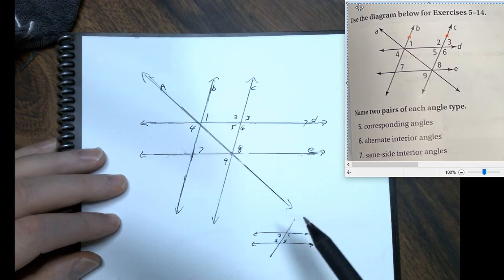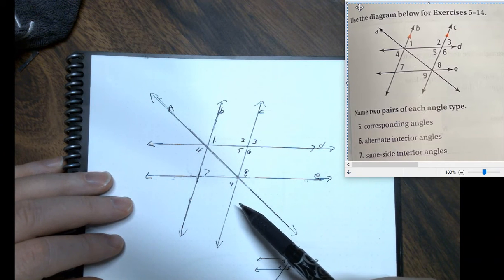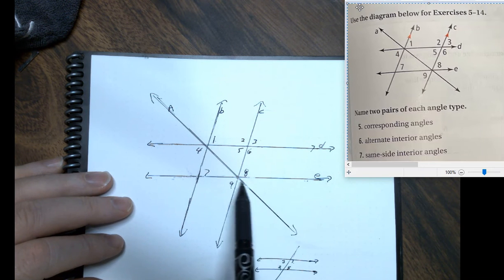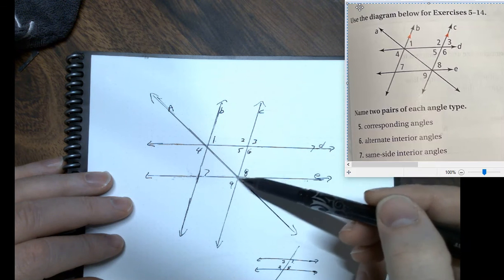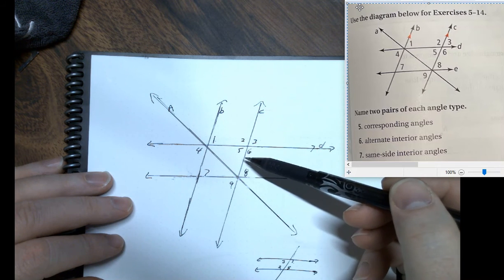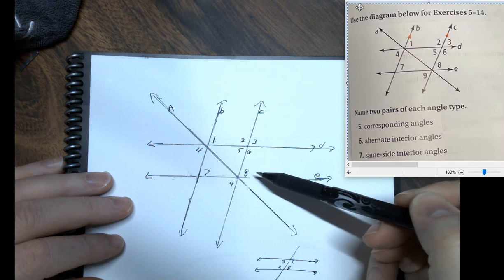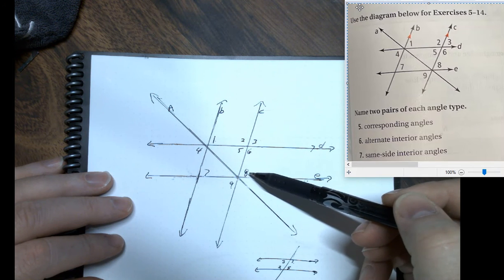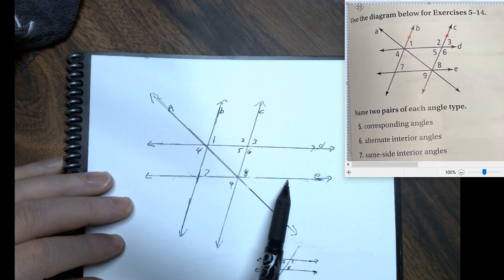So if we come over here and look at our major diagram, and we're looking for alternate interior, we could say that the D and E are our parallel lines. Looking at the interior angles, the alternate interior, C is our transversal, so 5 and 8 would be our alternate interior. Similarly, D and E are parallel lines.